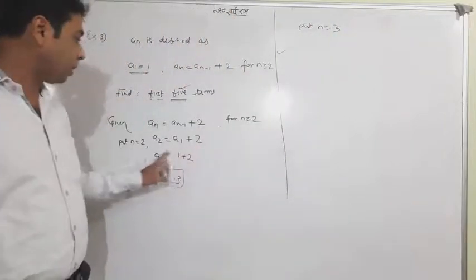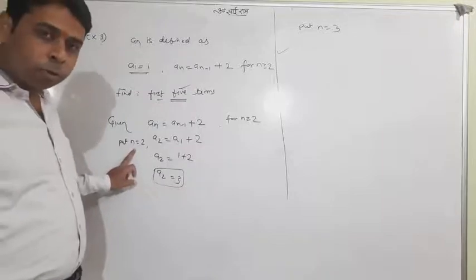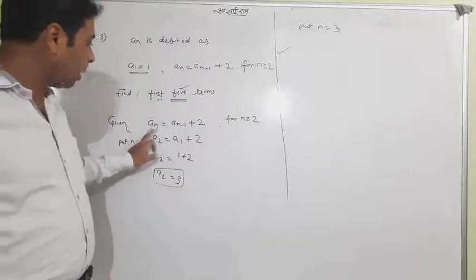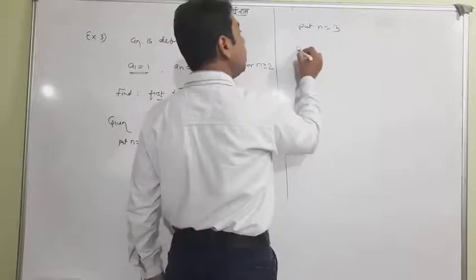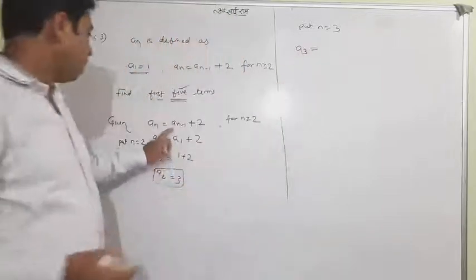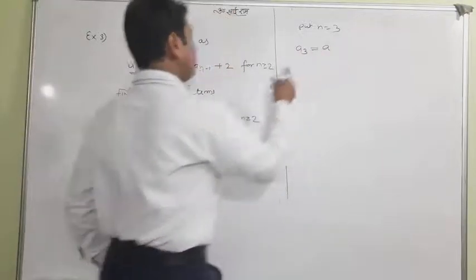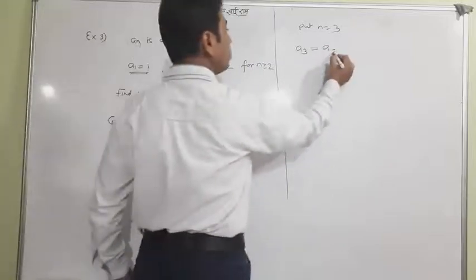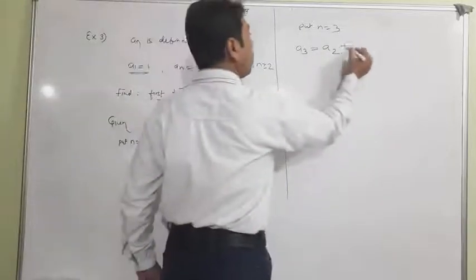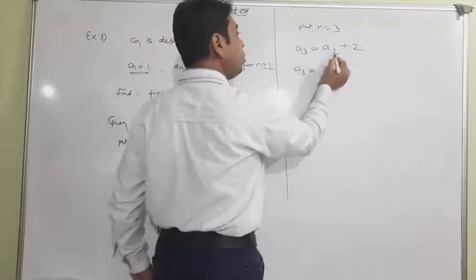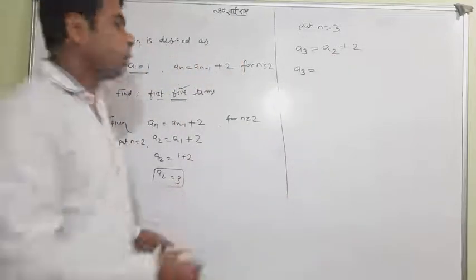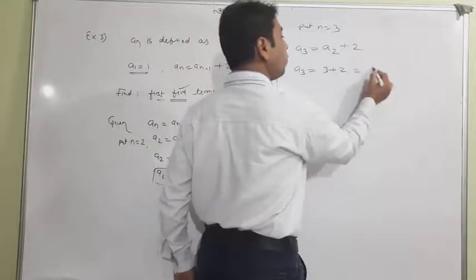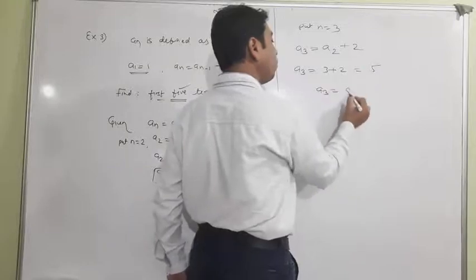Now you can understand. Right now I did put n equal to 2, and now I am putting n equal to 3. A3 equals A3 minus 1, that is A2, plus 2, and students, A2 is 3, so 3 plus 2 is 5. You have got A3 equal to 5.